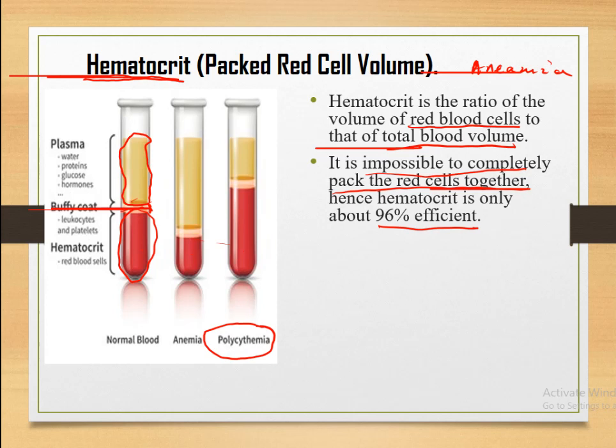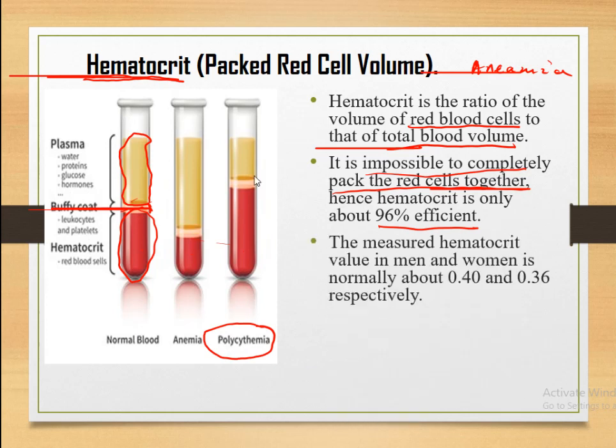One other thing you need to understand is that the amount of red blood cells is totally different in a woman and in a man. Men tend to have a higher hematocrit value than women. Men have a lot of red blood cells as compared to women.